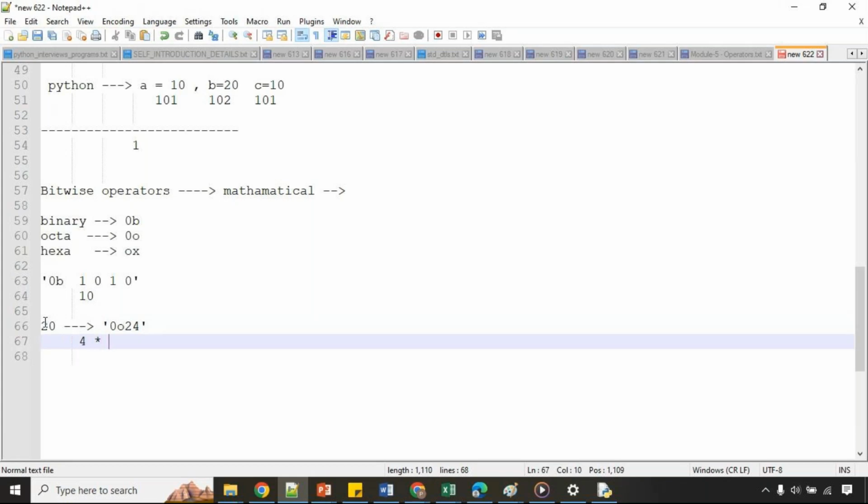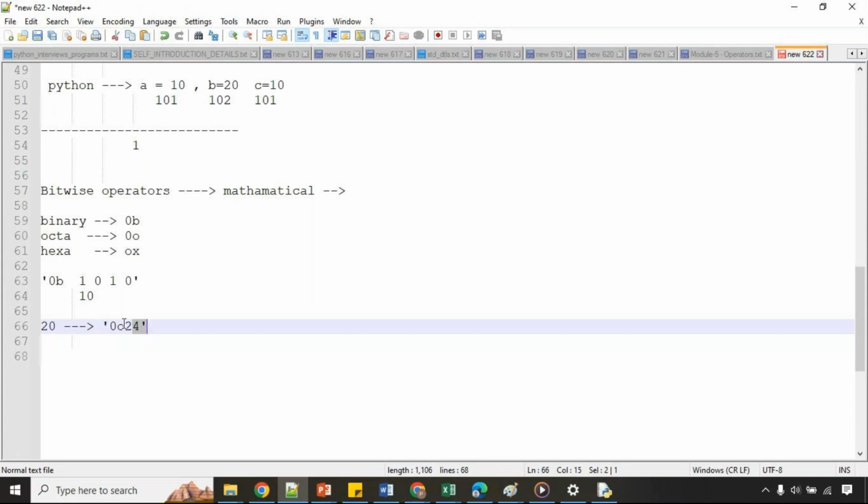So here 4 into 8 power 0, 2 into 8 power 1. That is octadecimal in terms of 8, base 8.